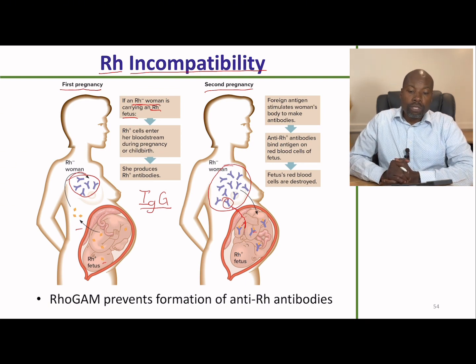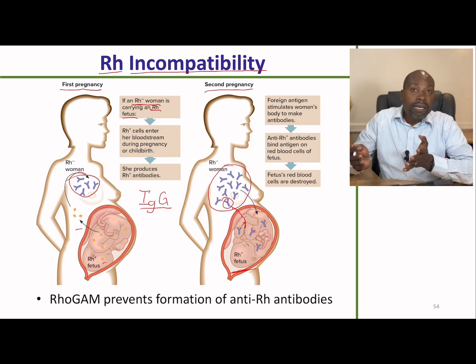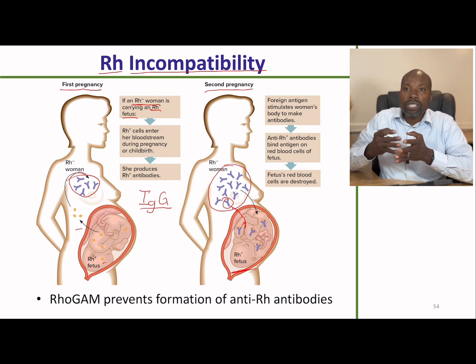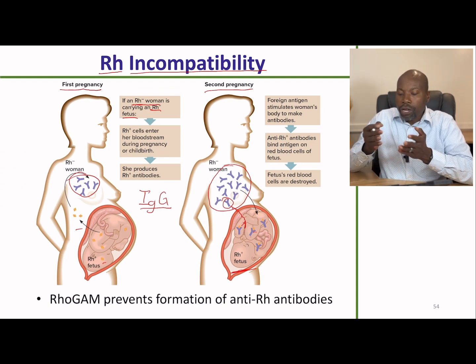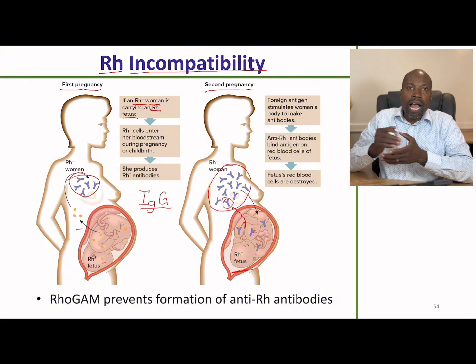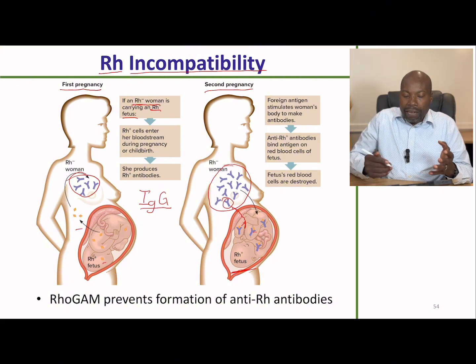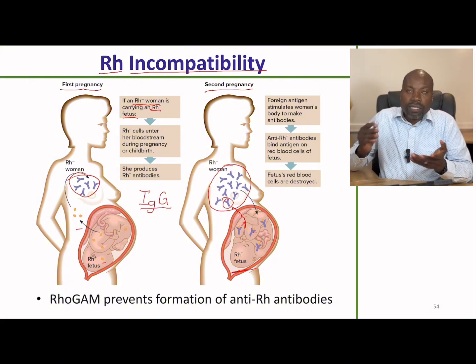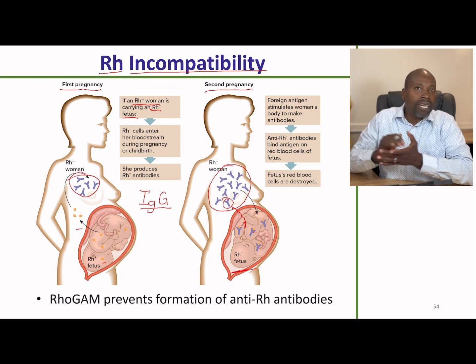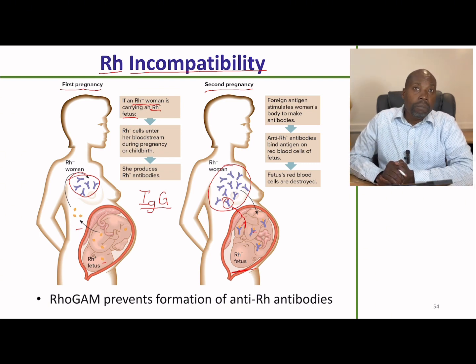Now, based on the severity of the reaction, the fetus can actually die because there will not be enough oxygen, because of the number of red blood cells that are dying, to actually sustain the life of the fetus. So this can lead to a miscarriage, and most of the time it's going to lead to a miscarriage.